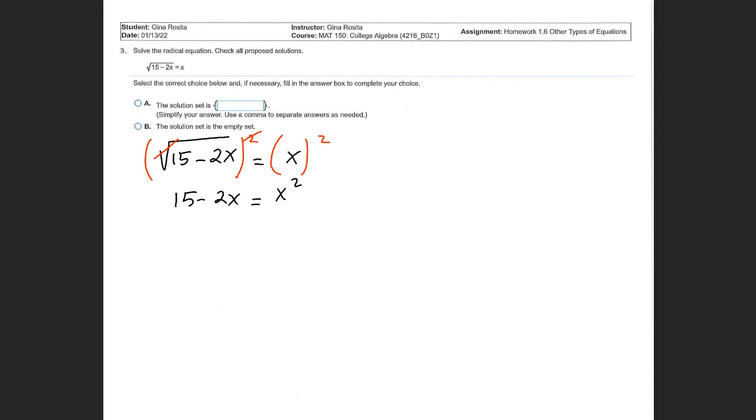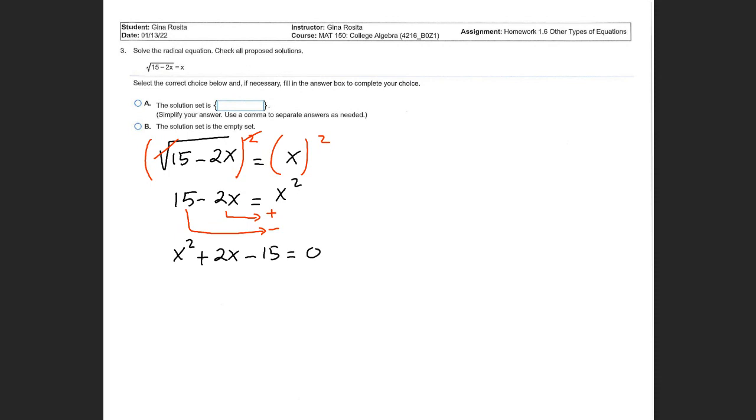Okay, so now I just move 15 to the right side, it becomes minus, and negative 2x to the right side becomes positive. Right? So now write down over here: x squared plus 2x minus 15 equals 0.